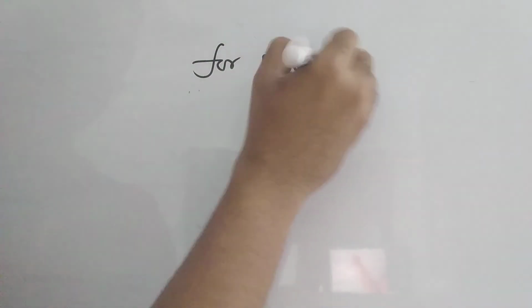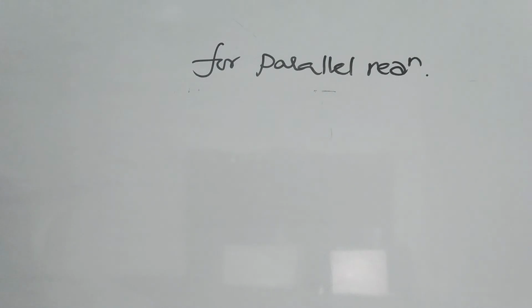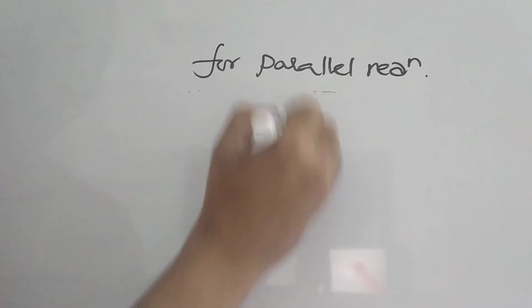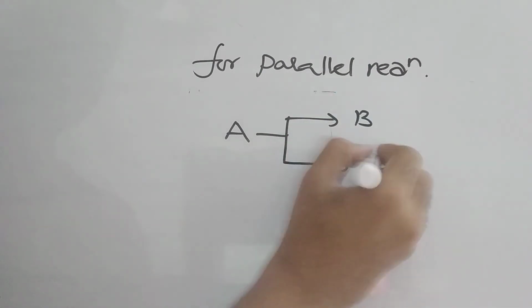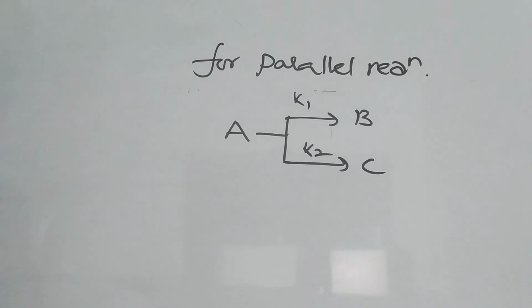For parallel reactions, generally you can see these in radioactive disintegrations. One radioactive nuclide will give you two different products. Let us say A is giving you B as well as C. This is K1 and this is K2.